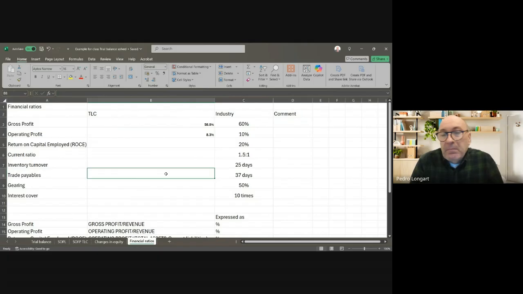During an economic downturn, that percentage could be very low because demand is low. Then, of course, there's no point comparing that against another economic environment. You have to compare against the industry in the current situation. So compare like for like. So how do you calculate the return on capital employed?